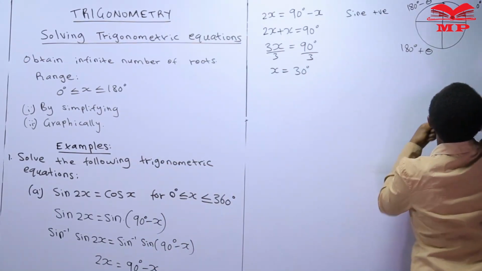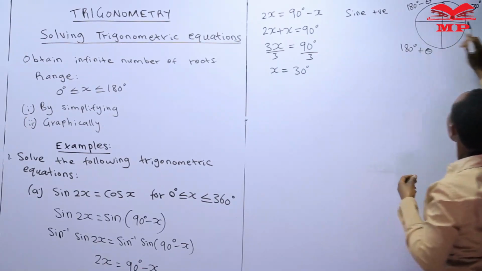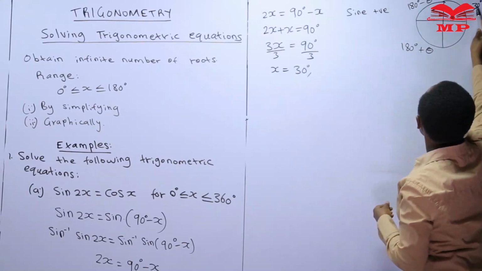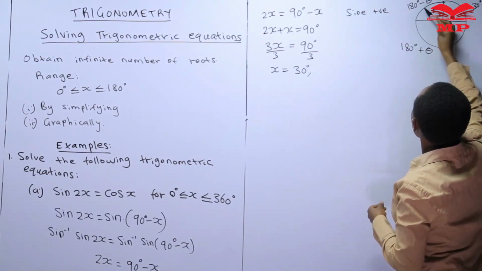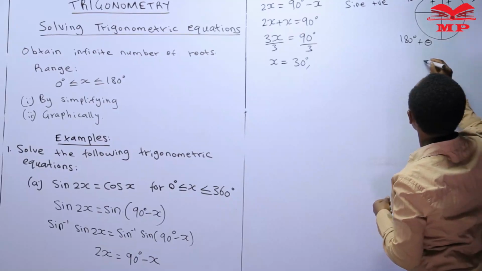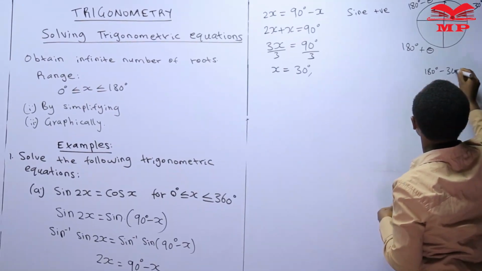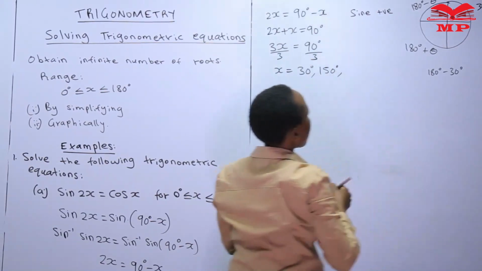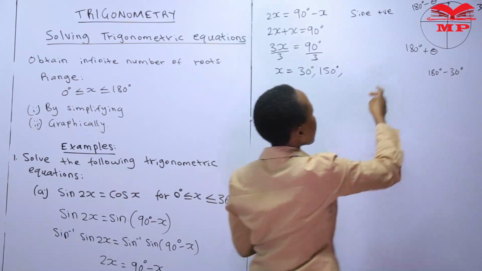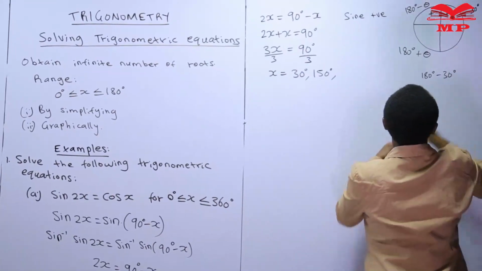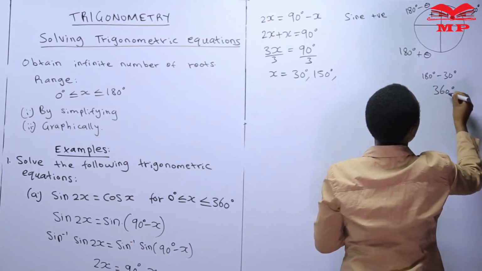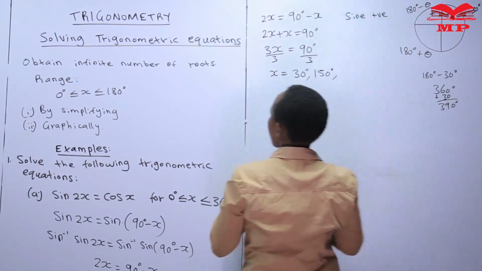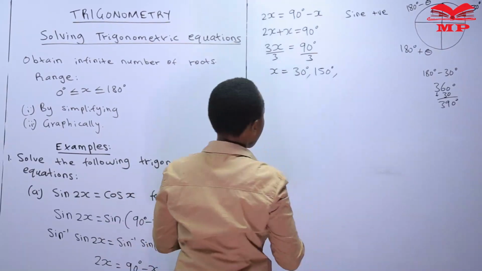We have our sine being positive, so we have this and this. So we'll have 30 degrees. Then here in the second quadrant we have 180 degrees minus 30 degrees, which is 150 degrees. If we go round once again to come back to this point, we'll have 360 plus 30, which will be outside the limit because it is up to 360 degrees.